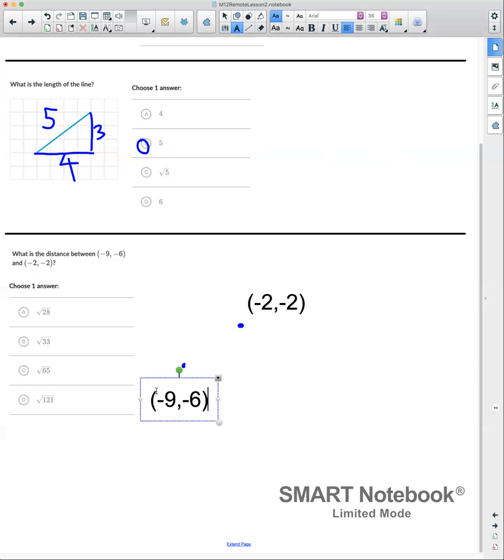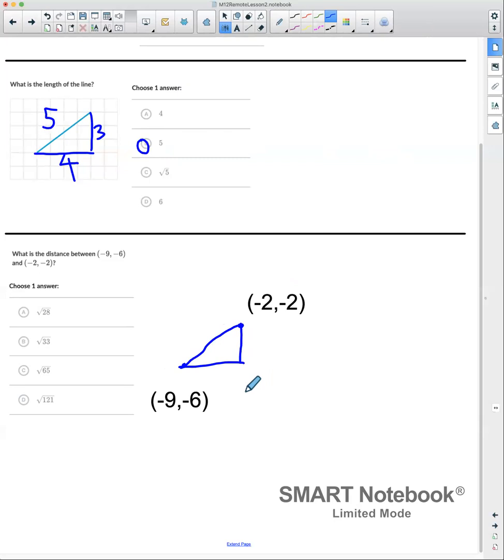-9, -6. Now that I know the line looks like this, I can draw a triangle from that. I have the height of the triangle, which is the change in the y value. It goes from -2 to -6, so this is a length of 4. And then -2 to -9 is a length of 7.